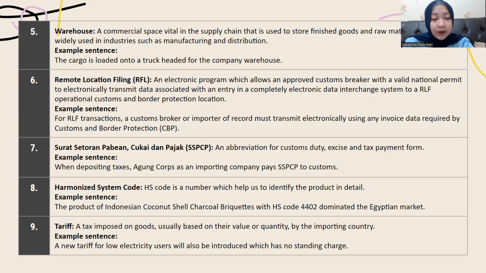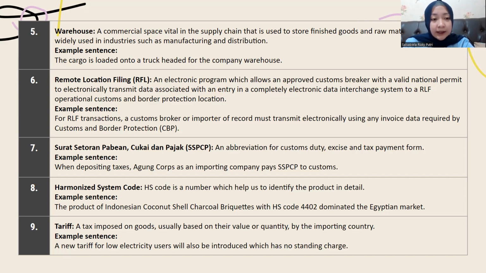6. Remote Location Filing, or RLF. RLF is an electronic program which allows an approved customs broker with a valid national permit to electronically transmit data associated with an entry in a completely electronic data interchange system to an RLF operational Customs and Border Protection location.